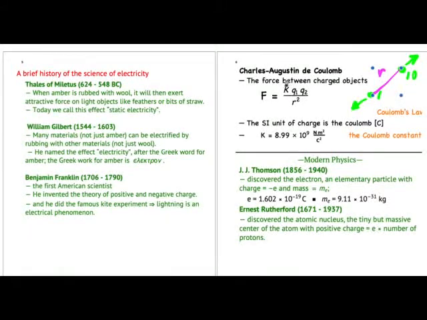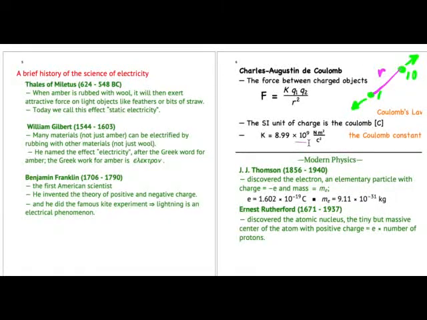And as for Coulomb's constant, which determines the strength of the force, and which is universal, that constant is the same for any two charged objects in the universe, just a universal constant. It has the value 8.99 times 10 to the ninth newton meter squared per coulomb squared. We call that the Coulomb constant.